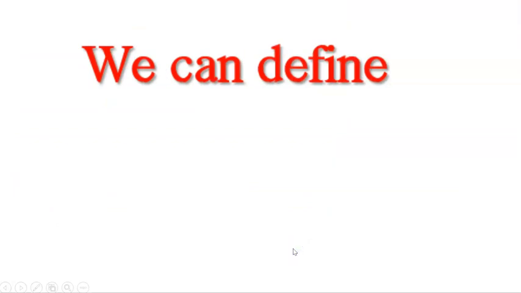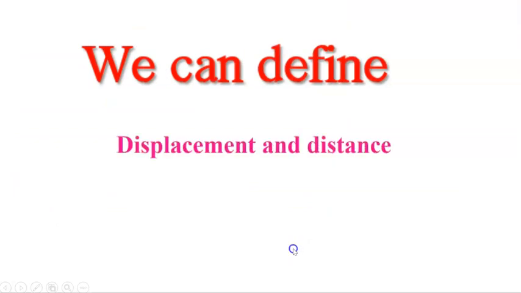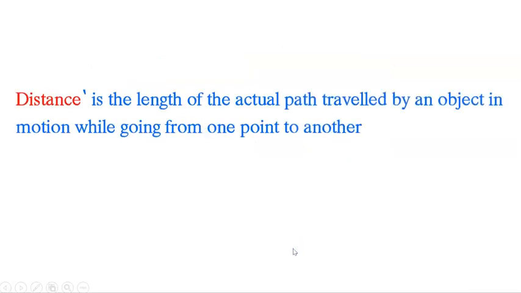The next, therefore we can define displacement and distance. What does distance mean? Distance is the length of the actual path traveled by an object in motion while going from one point to another.